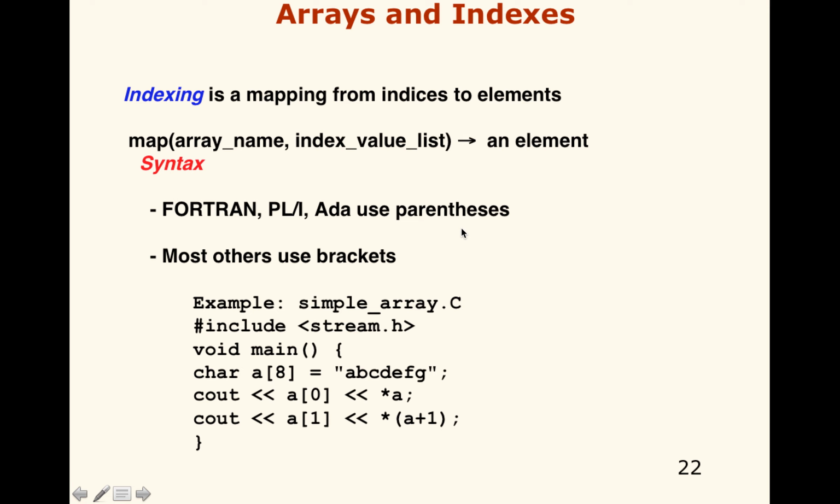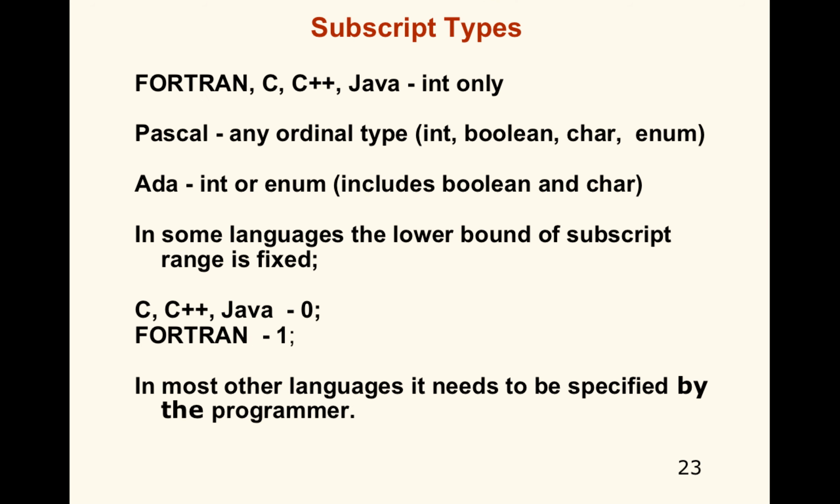Most other languages use brackets. It's been a while since you've done an array in C. You'll notice the brackets. So Python uses brackets, parentheses, and other things for different types of aggregates, depending upon if you're creating a dictionary, a list, an array, or a map.